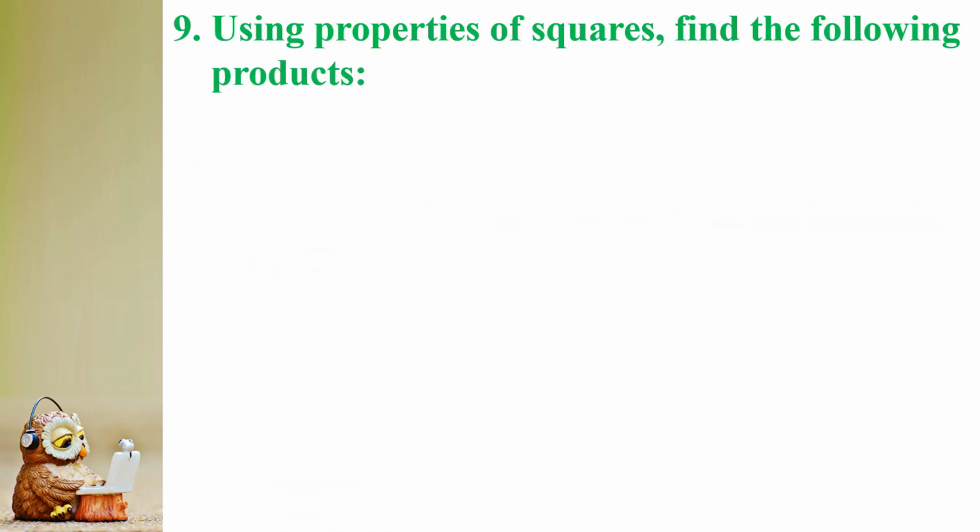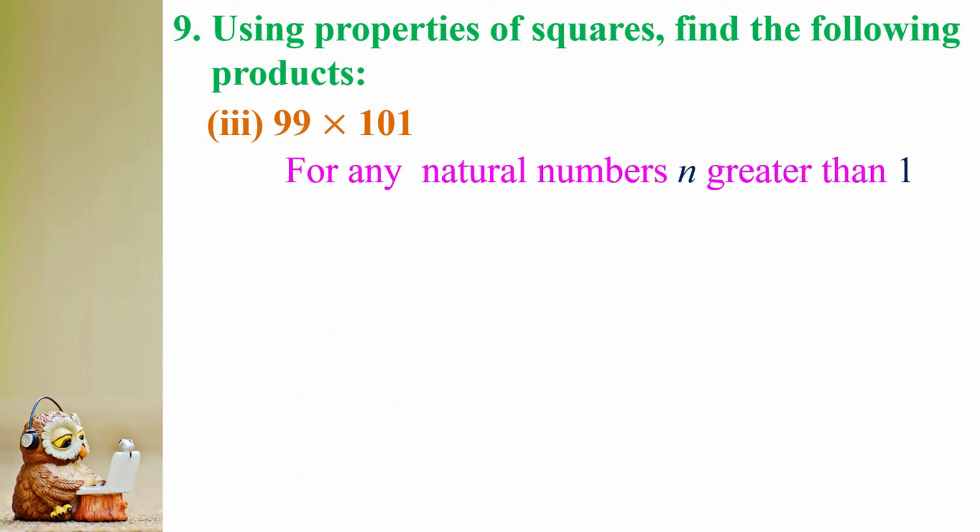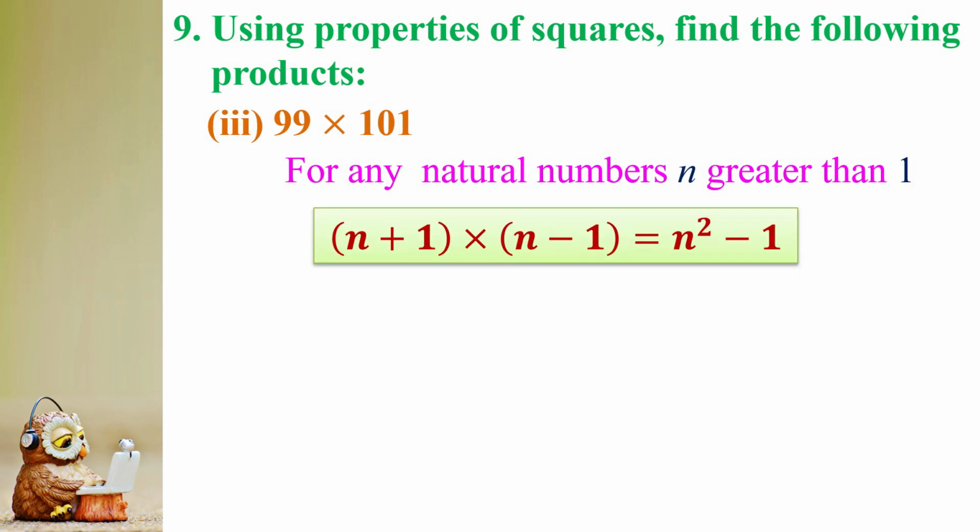Next sum. Using properties of squares, find the following products. 99 into 101. Children, already we know the property for any natural number n greater than 1: (n plus 1) into (n minus 1) is equal to n squared minus 1.